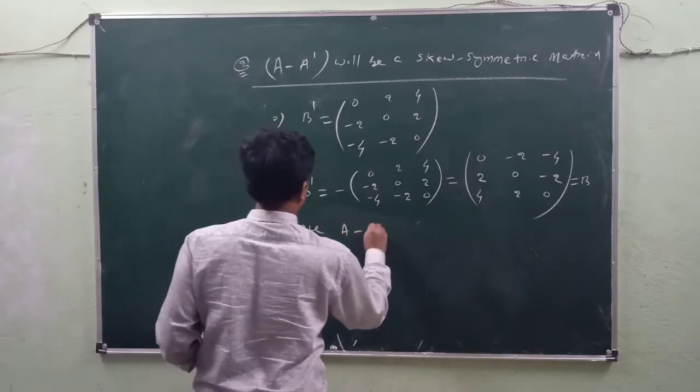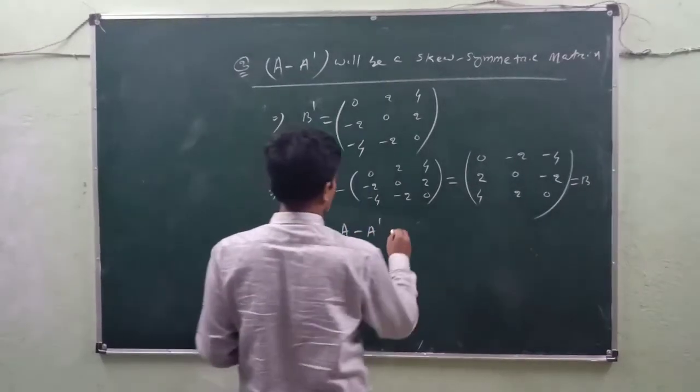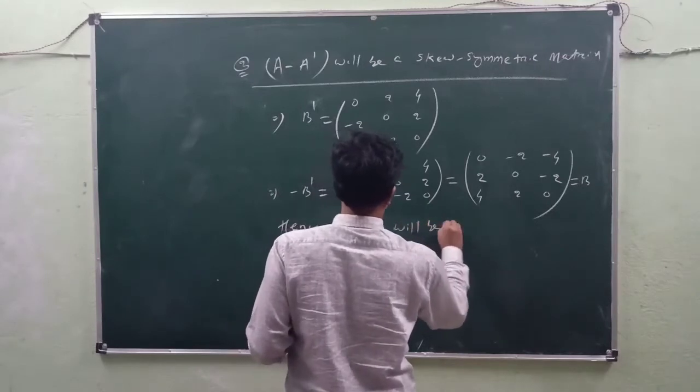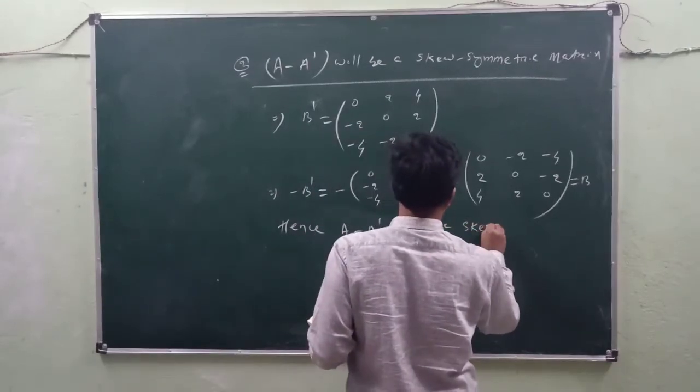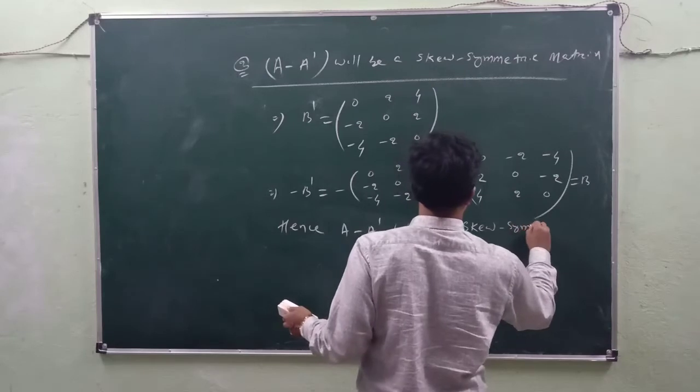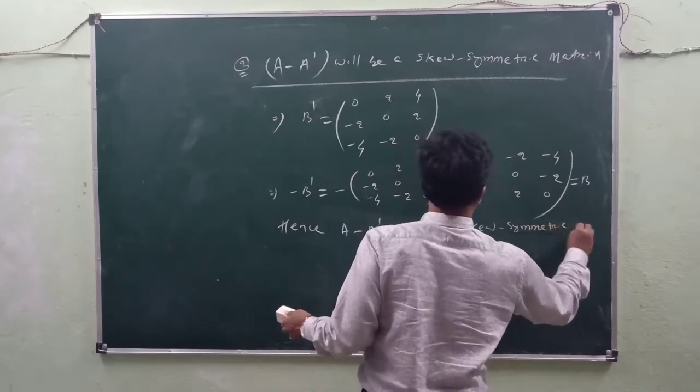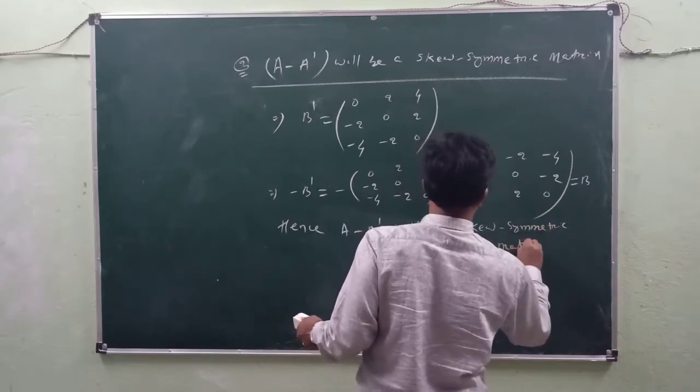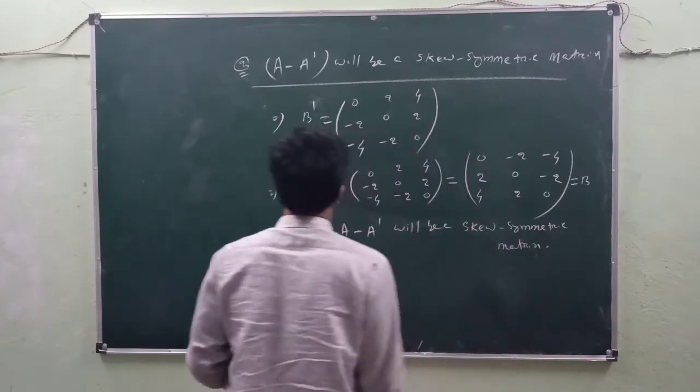Hence A minus A transpose will be a skew symmetric matrix. Verified.